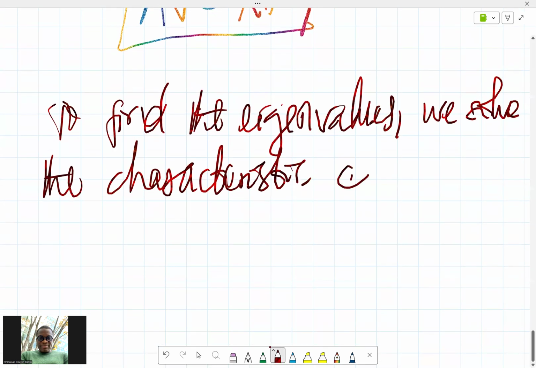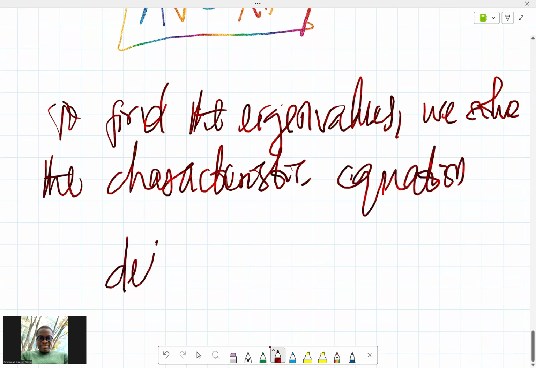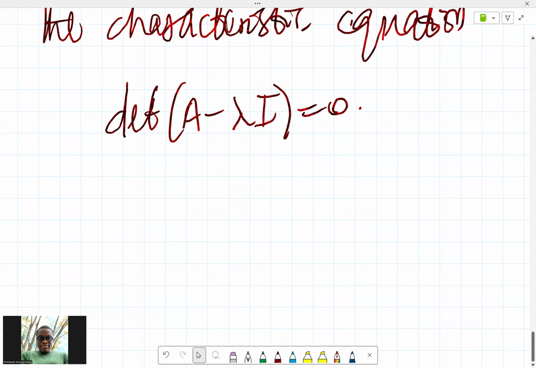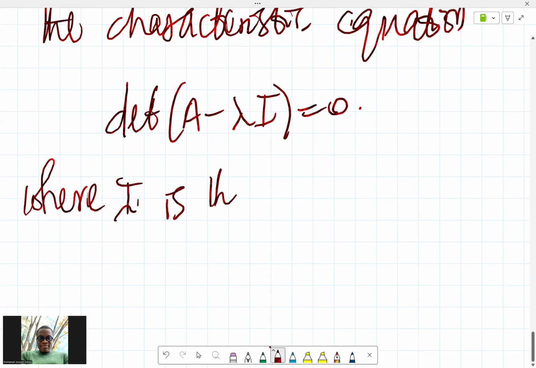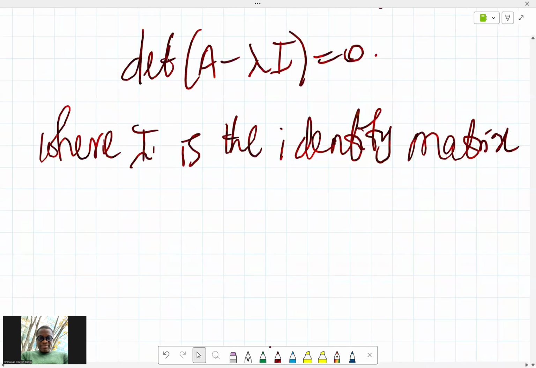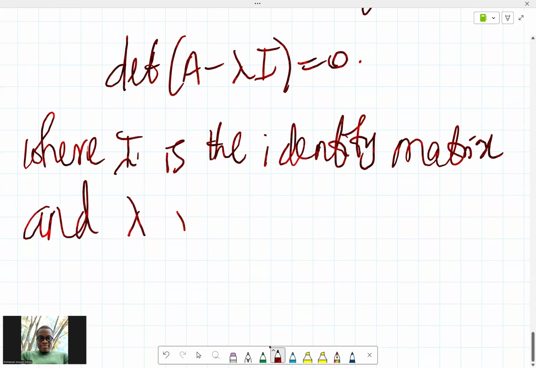The characteristic equation is the determinant of A minus lambda I equals 0, where I is the identity matrix. An identity matrix is the equivalent of 1 in normal numbers, and lambda represents the eigenvalue.